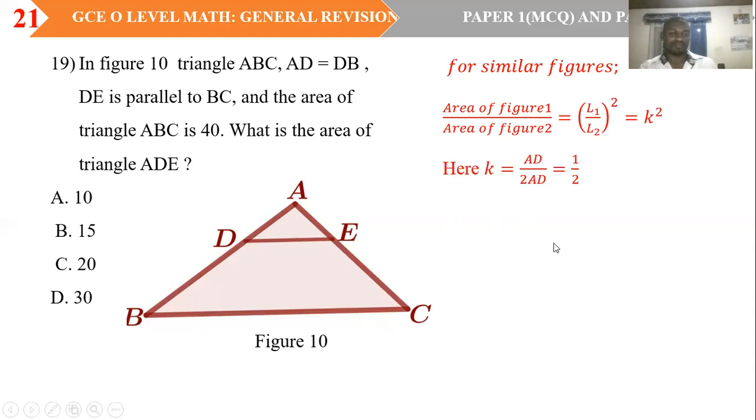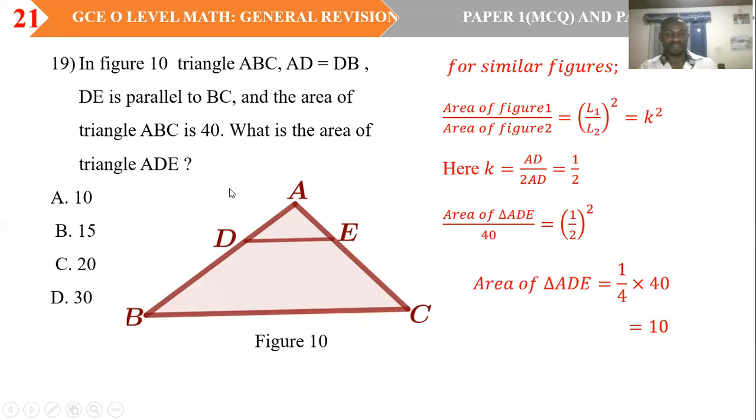And we know that AB is the same as 2AD from the analysis above, giving us K to be half. Equating the ratio of their areas to K squared and making the area of triangle ADE the subject gives us the area of the smaller triangle as 10. Answer A.